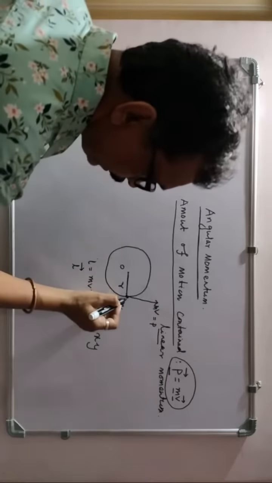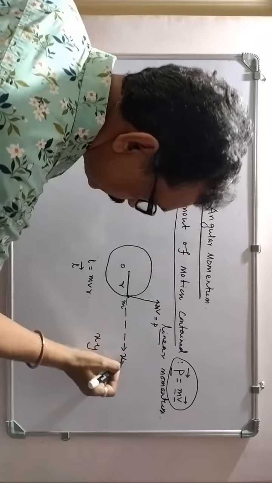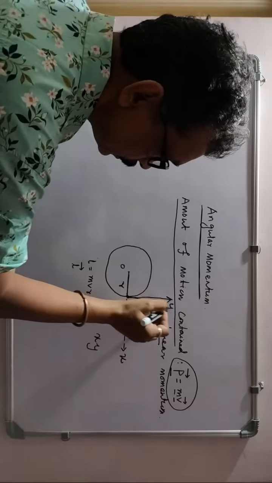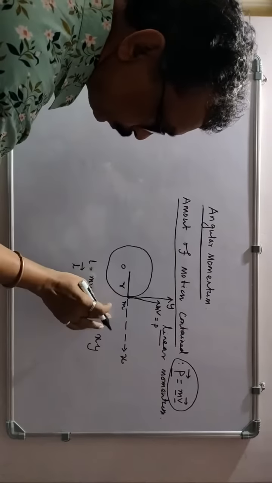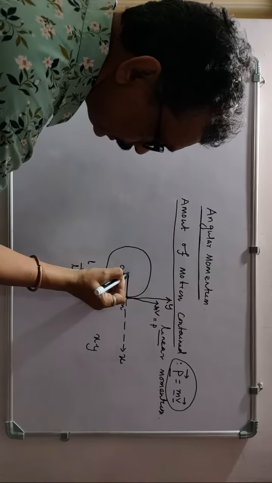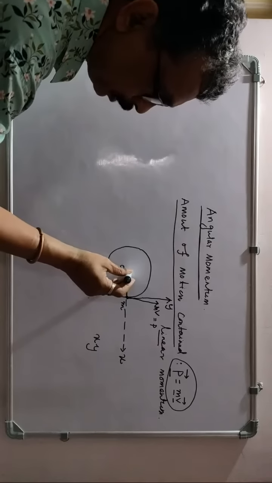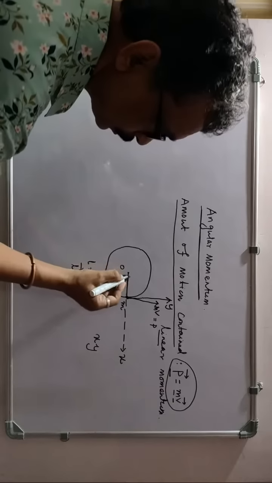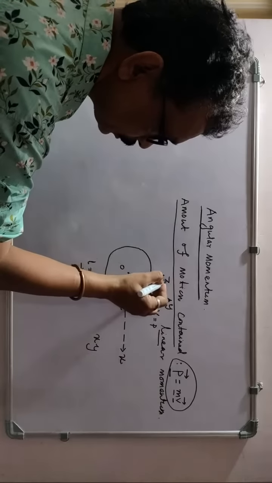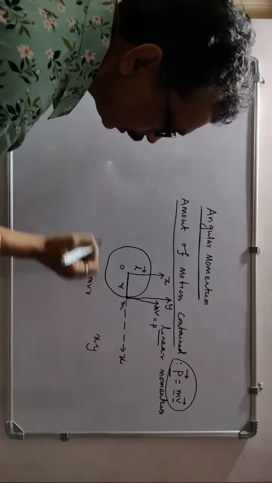This is your xy plane. This is your suppose x axis. This is your suppose y axis. So this board plane is your xy plane, and your angular momentum is along the z axis. Z axis is perpendicular to the board. So this will be the direction of the angular momentum, L or L vector.